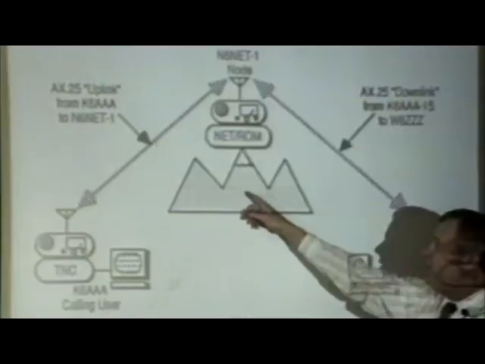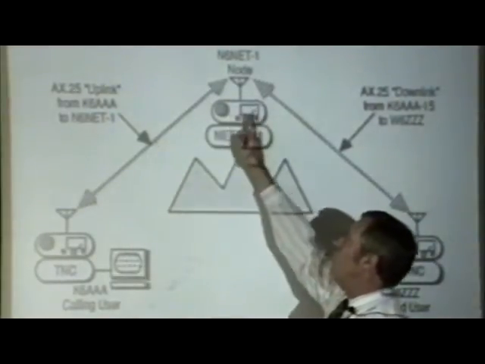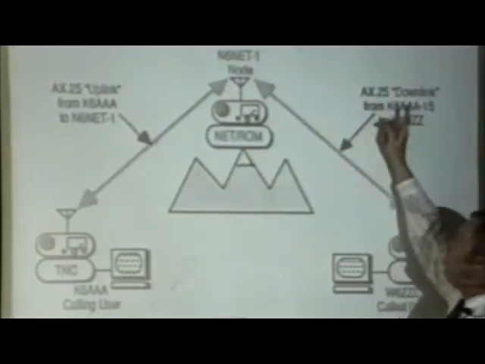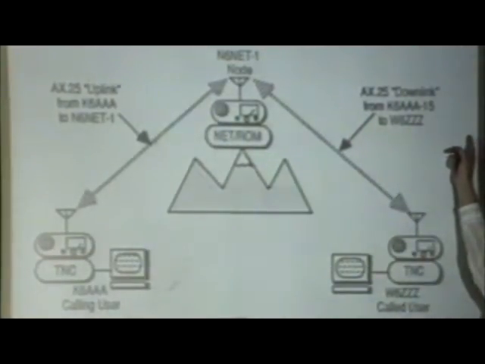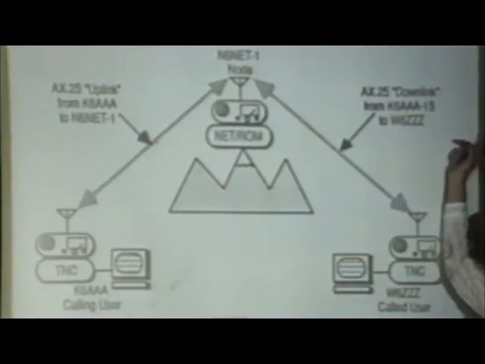So if I got 5 of these guys chained, and I send information to node 1, it gets it to node 2, node 2 gets it to node 3, sends it to node 4, and K0PGM corrupts it, node 3 will just retransmit it to node 4, and then node 4 will send it to the end guy. I don't have to tie up all these links trying to get it through on an end-to-end basis.